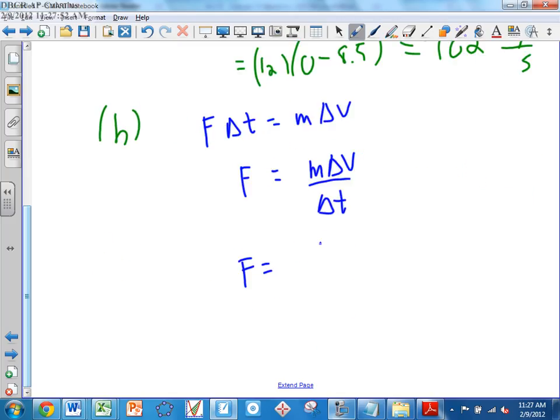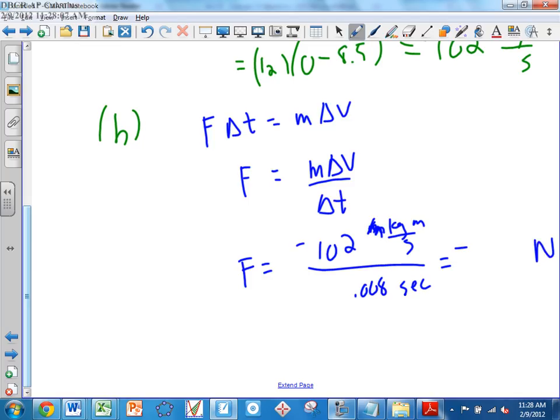What do we get? This was kg·m/s all over delta t. Negative 12,750. Please take a look at that, make sure it makes sense to you.